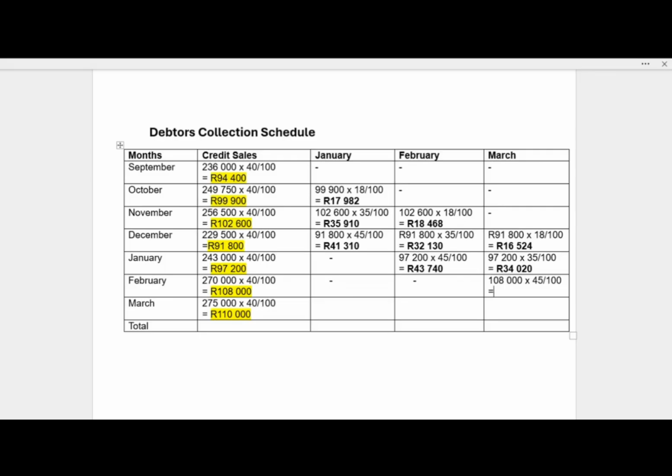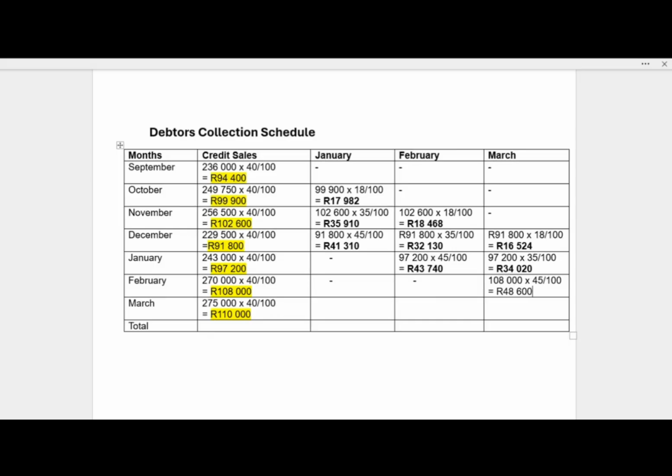All right. Let's put that on the calculator and see how much we are getting. It's going to be 108,000 multiplied by 45 divided by 100, and then I am getting 48,600.